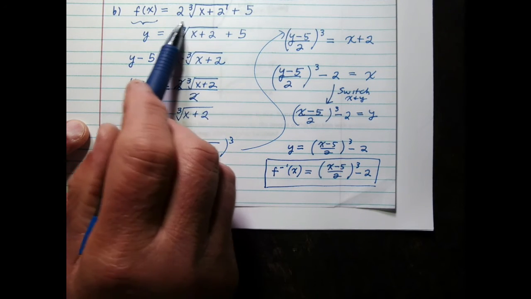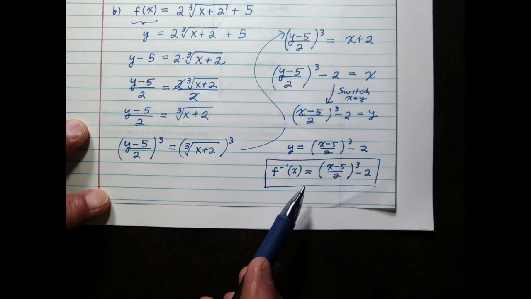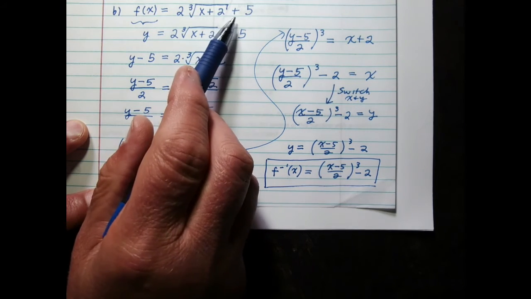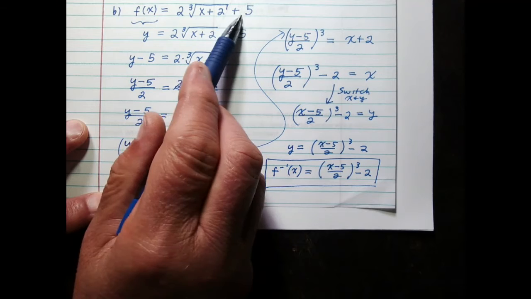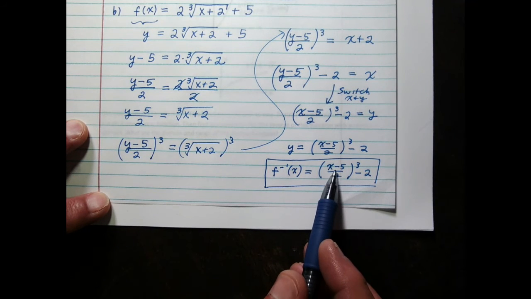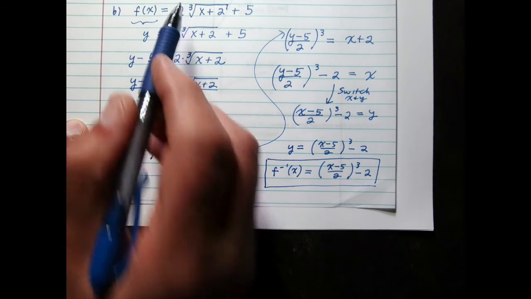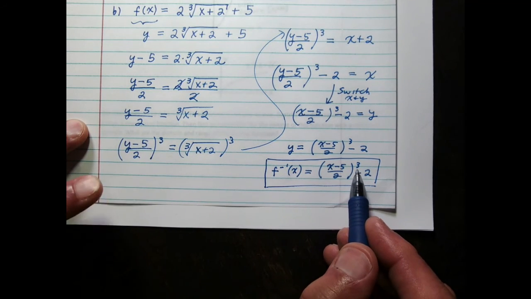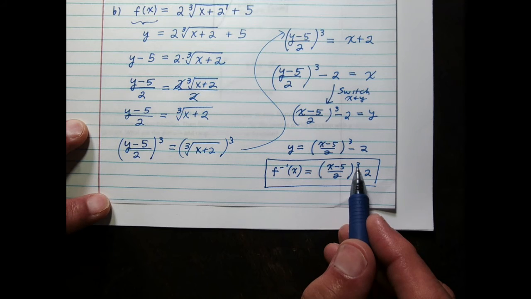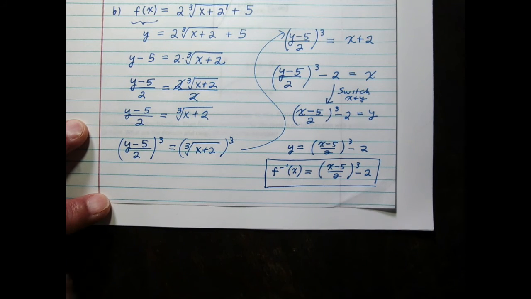And what you might notice is there's a lot of similarities. There was a plus 5 in that function. Somewhere in the inverse there's a subtract 5, right? There was a cube root in the function. Somewhere in the inverse there's cubing. There's all these inverse operations going on, but they have to be in the right order.